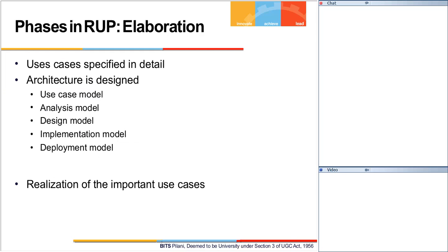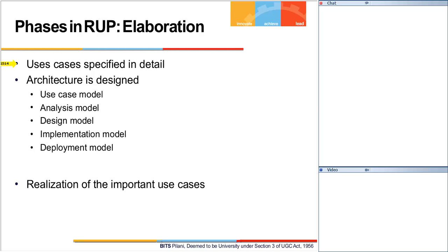In the elaboration phase, the use cases are specified, right? So there is use case modeling which is done in the elaboration phase as well. Around 10% of the use cases are identified and elaborated in the initial inception phase, and the rest you take up in the elaboration phase.